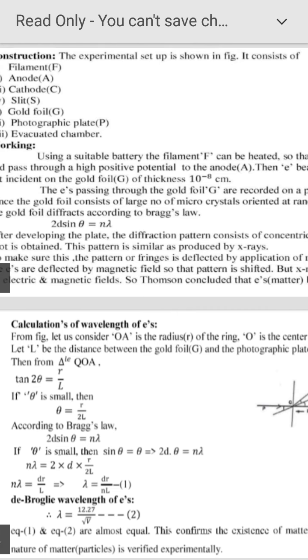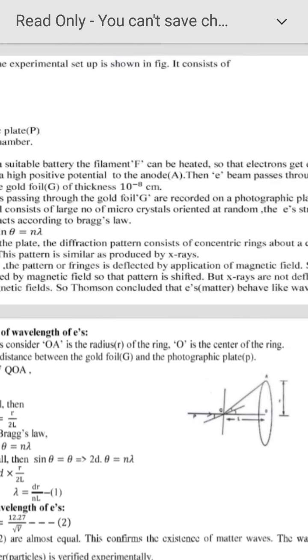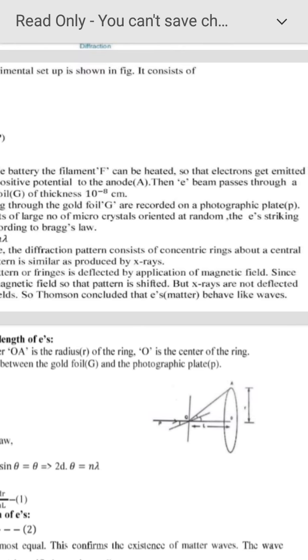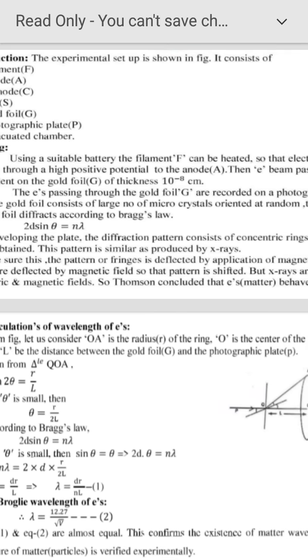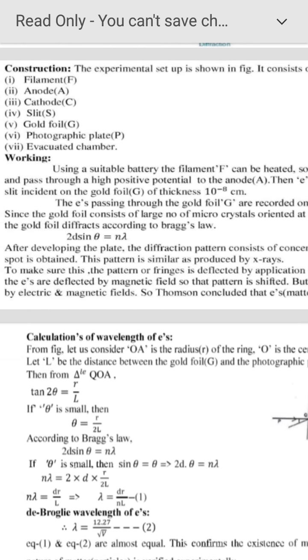To make sure that the pattern of fringes is deflected by the application of a magnetic field, Thomson applied a magnetic field to the electrons coming out of the gold foil. They are deflected and the pattern is shifted as a whole, because as the electron charge is negative, they are affected by electric or magnetic fields.